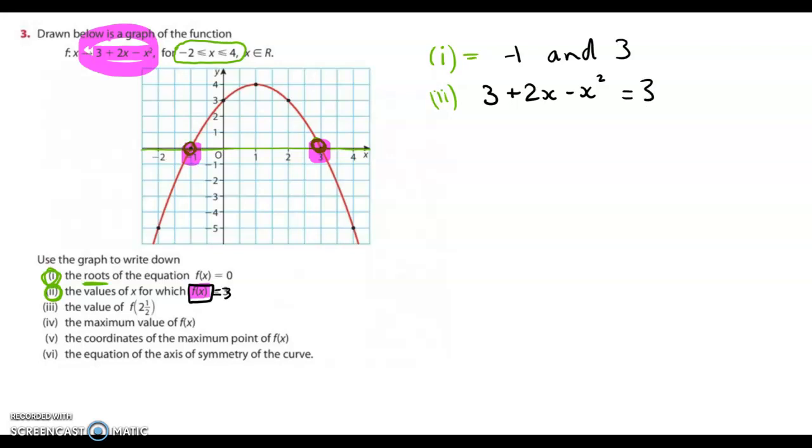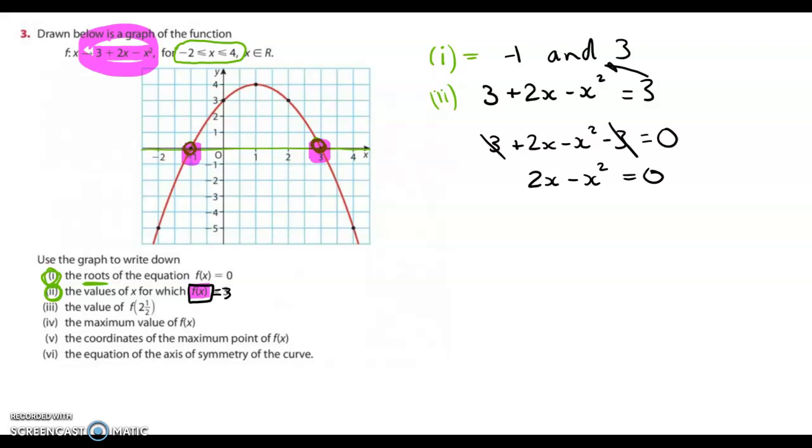Okay, that's the first step. Now bring everything onto the same side. So bring this 3 over here, and you'll end up with 3 plus 2x minus x squared minus 3 equals 0. And you see that that 3 and that 3 can cancel. And you're just left with 2x minus x squared equals 0.